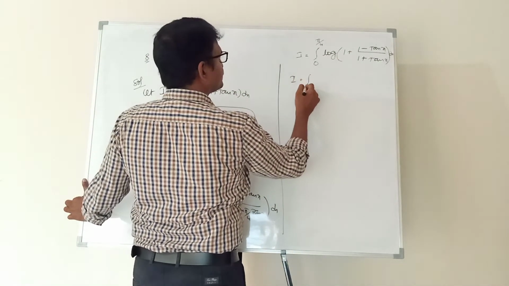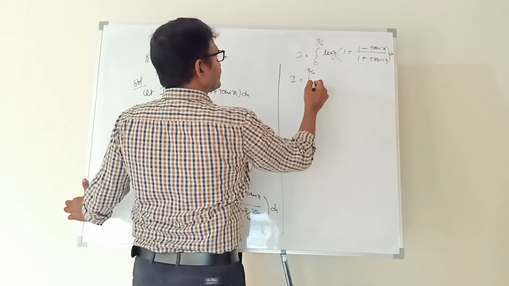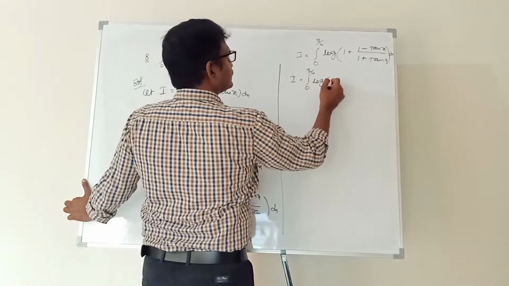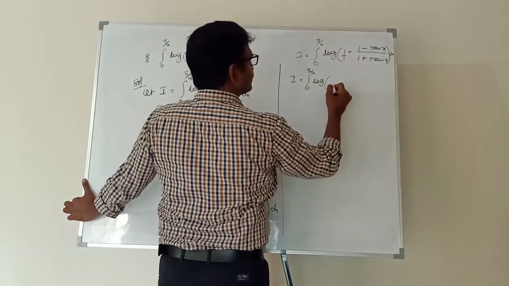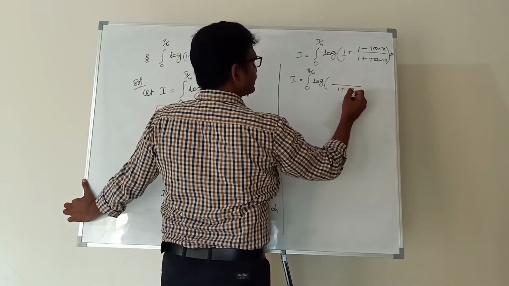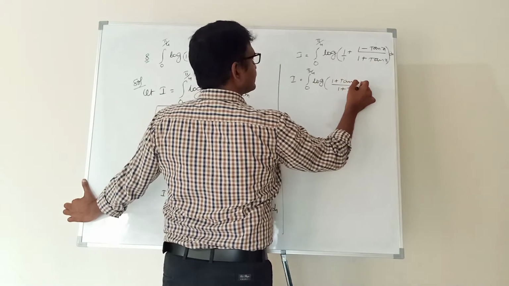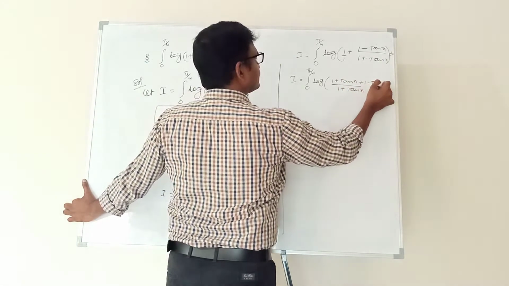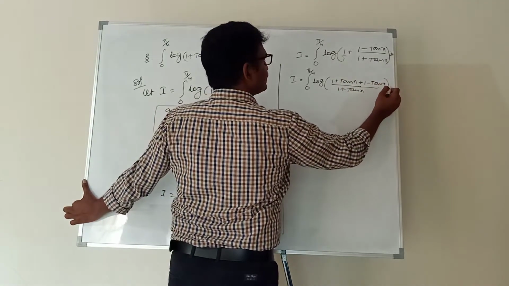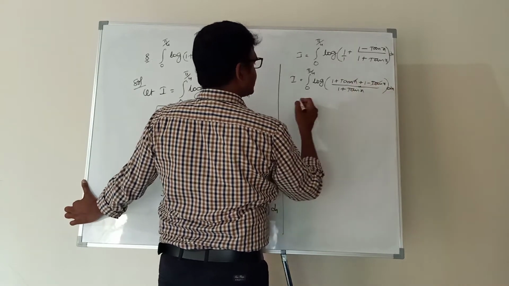So I is equal to the integral from 0 to pi by 4 of log of, if you take LCM you will get 1 plus tan x as LCM, 1 plus tan x plus 1 minus tan x dx. Plus tan x minus tan x gets cancelled.